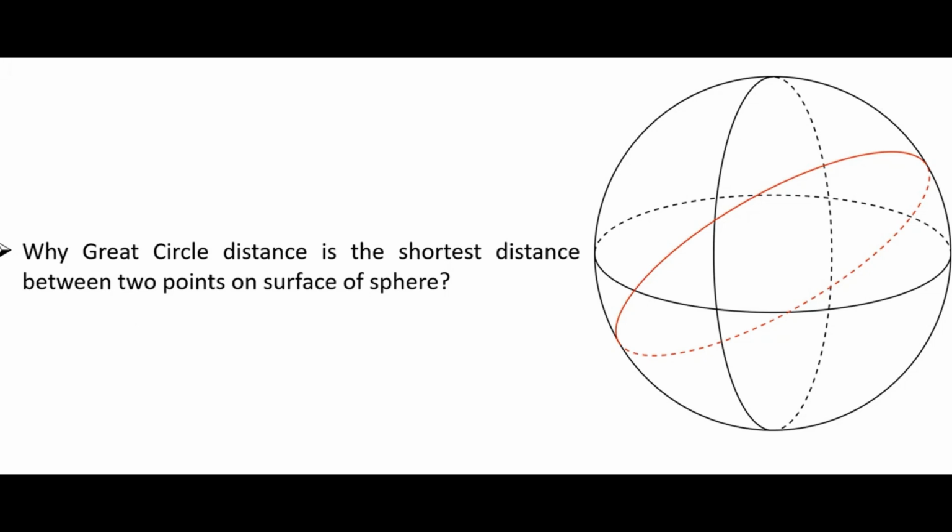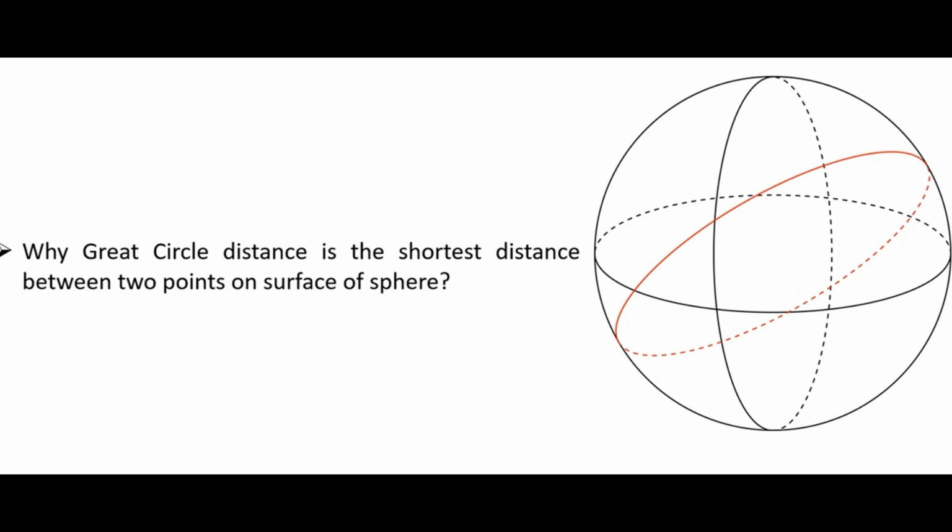We know that the surface of the sphere is curved. So any 2 points on the surface of the sphere cannot be joined with a straight line along the surface, because the surface is curved. That means they have to be joined by an arc. We also know that as the radius of the arc increases, its curvature decreases. Decreasing curvature means the arc is tending closer to the straight line.